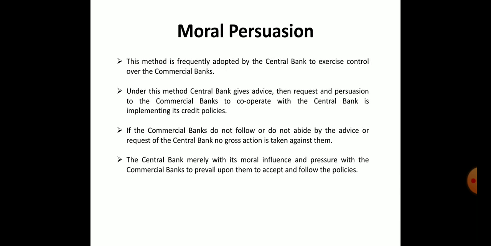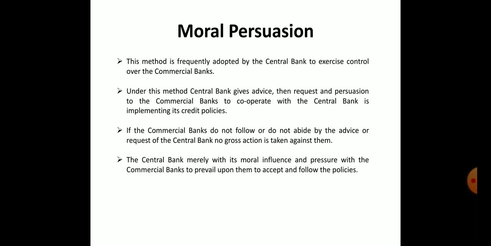Next is moral persuasion. This method is frequently adopted by the central bank to exercise control over the commercial banks. Under this method, the central bank gives advice, requests and persuades the commercial banks to cooperate with the central bank in implementing its credit policy. Like the monetary policy given by the RBI, every bank has to follow the same policy, or we can say credit control regulations or credit policy.